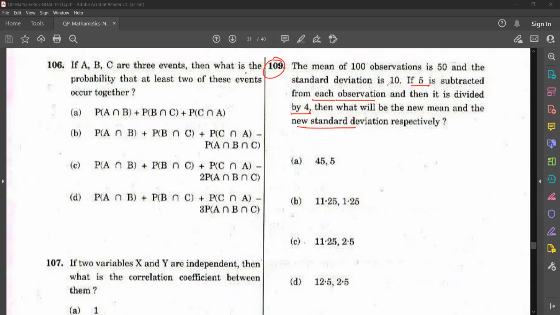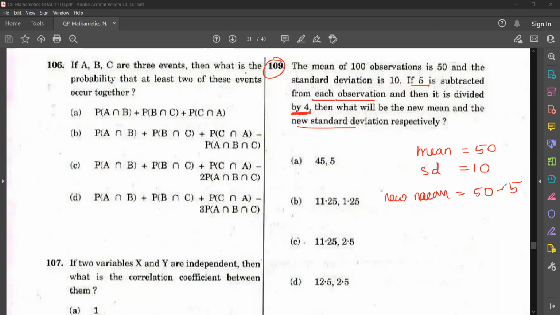So they have given the mean. Current mean is 50 and current standard deviation is 10. Now, what do you need? They have subtracted 5 from each observation and divided it by 4. So what happens to the mean? We need the new mean. The new mean will have equal effect. If you are subtracting 5, you subtract 5 from the original mean.